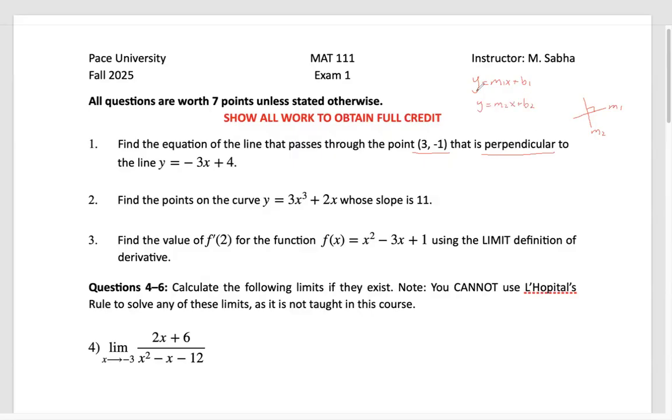If those two lines form 90 degrees, one slope is the negative inverse of the other, or m1 times m2 equals -1. Same thing, okay? But it's better to remember that m2, the slope of the second line, is the opposite inverse of the slope of the first one.